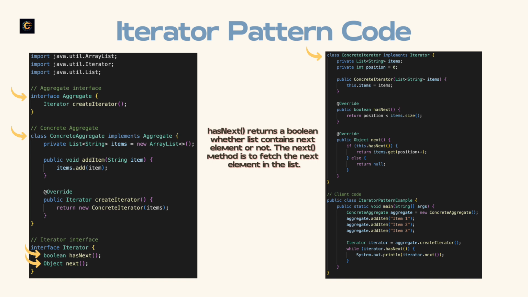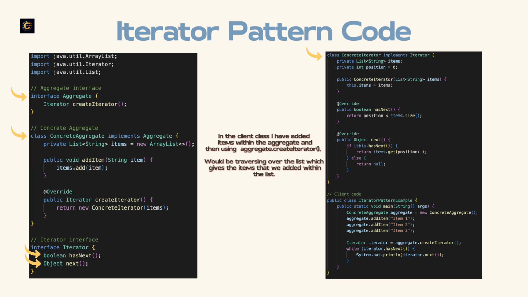And the next method is to fetch the next element in the list. In the client class, I have added items within the aggregate and then using aggregate.createIterator, I traverse over the list, which gives the items that we added within the list. That's how the iterator pattern is used. After doing this, here is the output.